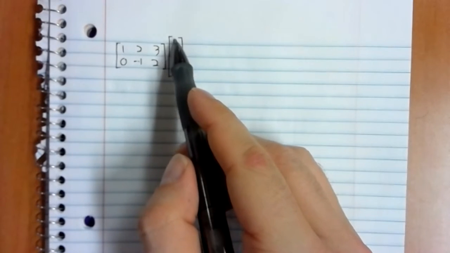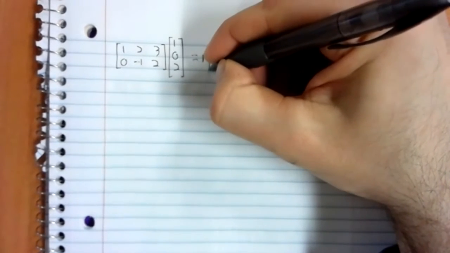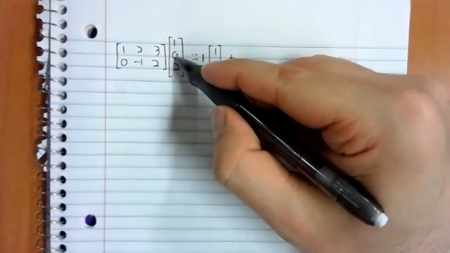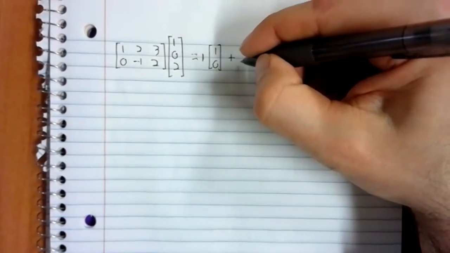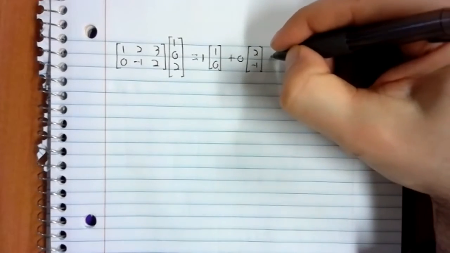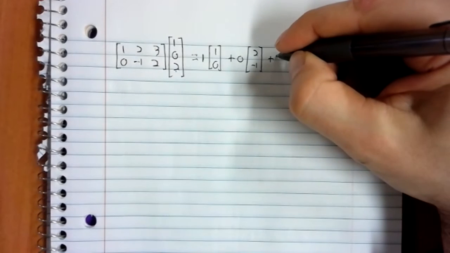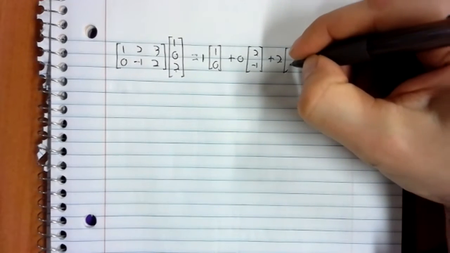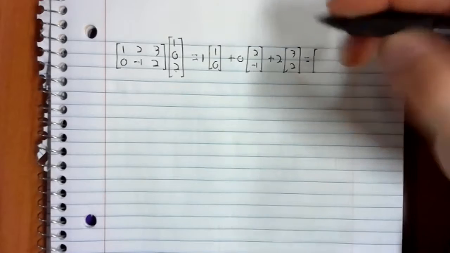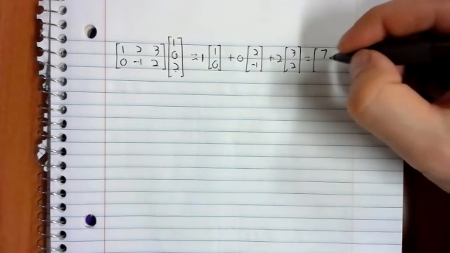It's this coefficient times this column, plus this coefficient times this column, plus this coefficient times that column. Which works out to be this.